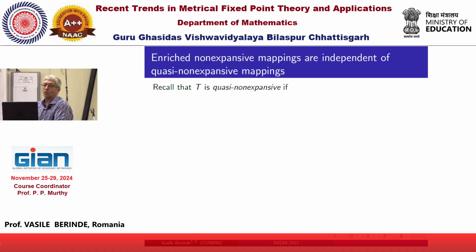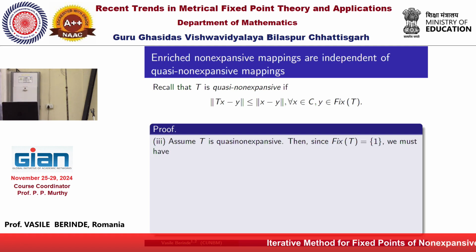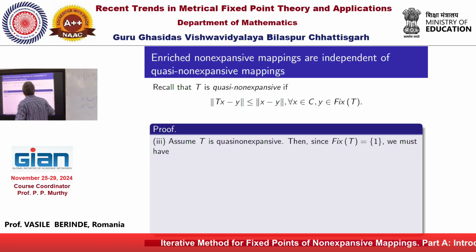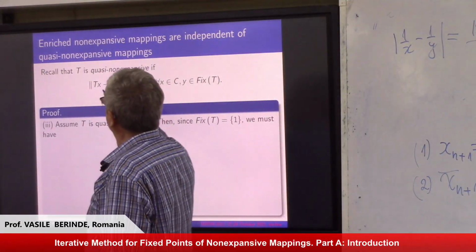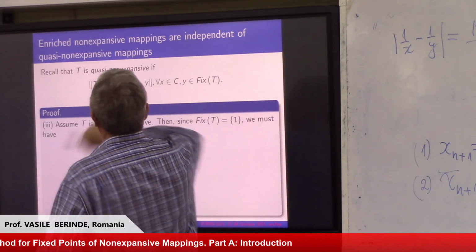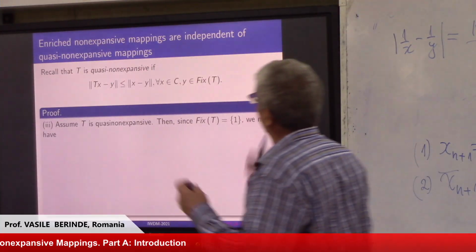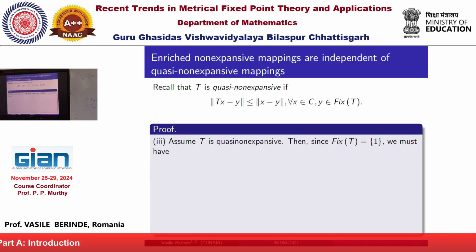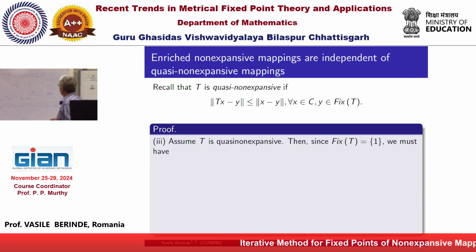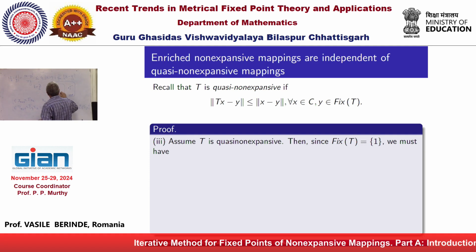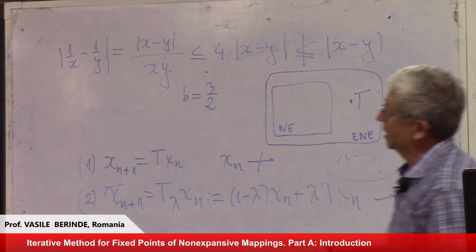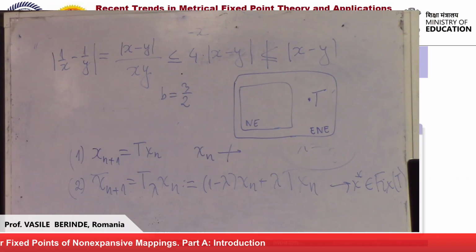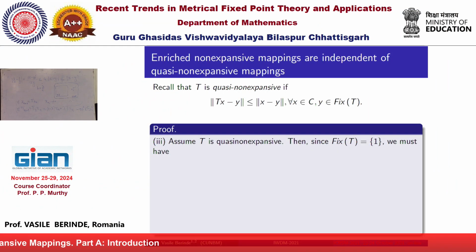It is also independent of quasi-non-expansive mappings. A mapping is quasi-non-expansive if its fixed point set is non-empty and we have this condition with y a fixed point, so Ty becomes y. The class of quasi-non-expansive mappings is independent of the class of non-expansive mappings, in the sense that a non-expansive mapping which has no fixed points is generally not quasi-non-expansive, but any non-expansive map which has fixed points is quasi-non-expansive.